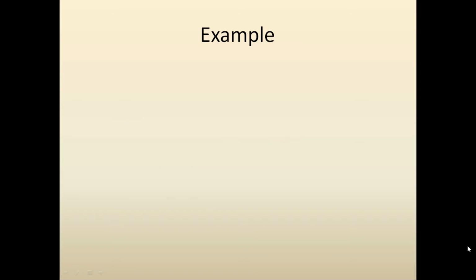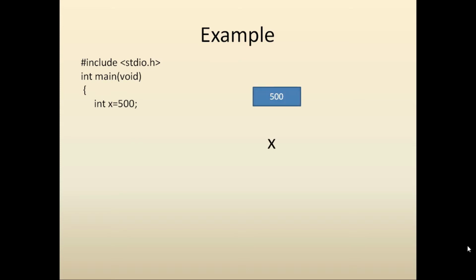Let us start with an example. This is the basic skeleton of a C program. Then I have declared a variable x having the value 500. Let us draw a memory map for it. Variable x has the value 500. Let us say it is stored at memory location 648. This is for example.